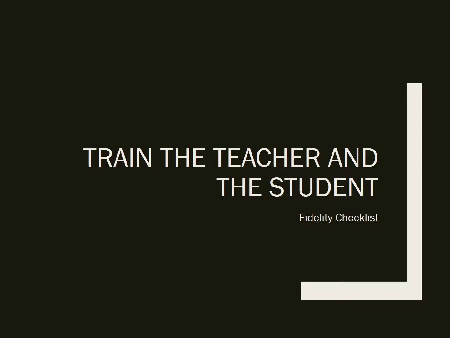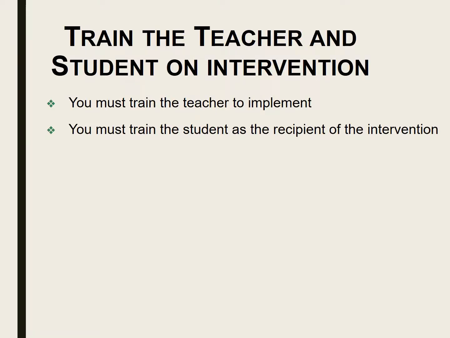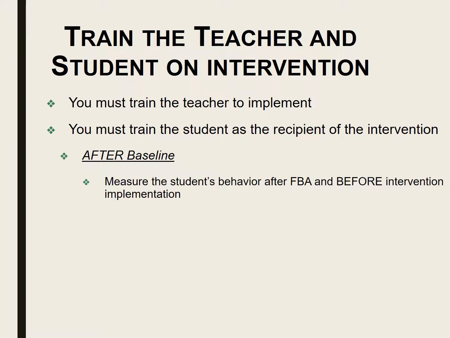After you've designed the intervention, it's time to train the teacher and the student. When you train the teacher and the student, you must train the teacher to implement, and you also must train the student as the recipient of the intervention. You're going to teach them after the baseline, and you're going to measure the student's behavior after the function-based assessment, but before the intervention is in place.